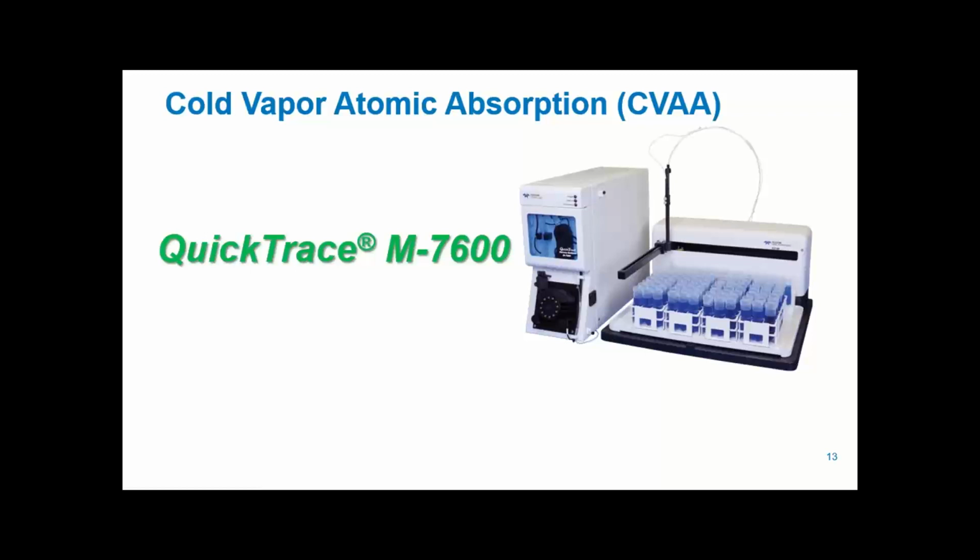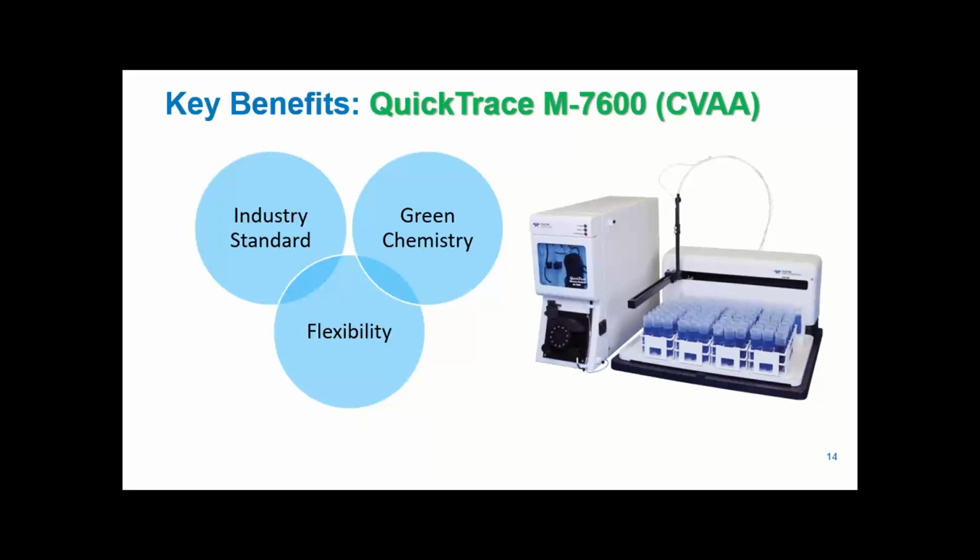So let's take a look at some of the key benefits and features of this instrument. The Quick Trace M7600 is the industry leader for mercury detection by cold vapor atomic absorption. It's trusted by large lab networks throughout the US and Europe. We have preloaded common method templates built into the software, so analysts can just press go.